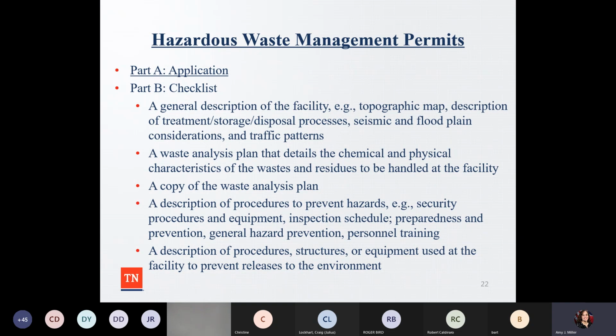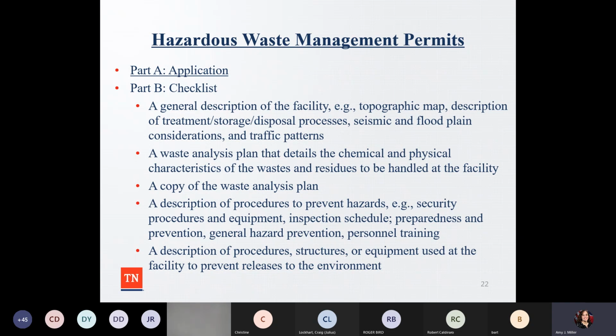A waste analysis plan, a copy of that. And again, that's going to detail the chemical and physical characteristics of the waste and residues to be handled, a description of the procedures to prevent the hazards, what kind of security and equipment you're going to have, what the inspection schedule looks like, preparedness and prevention, general hazard prevention, and then even having personnel training.